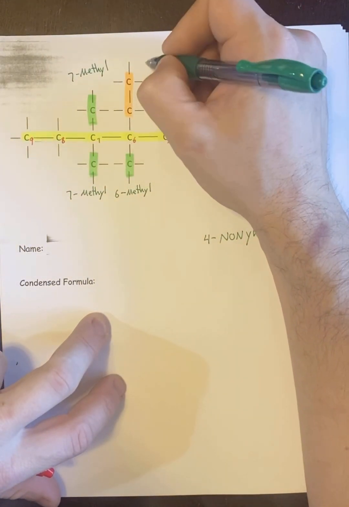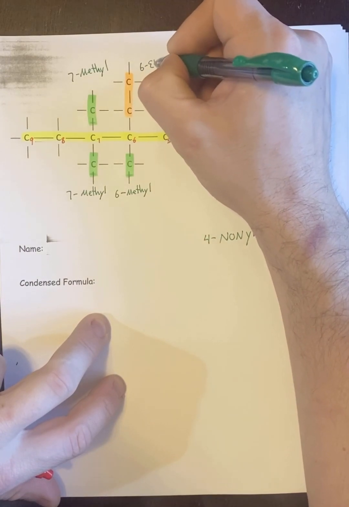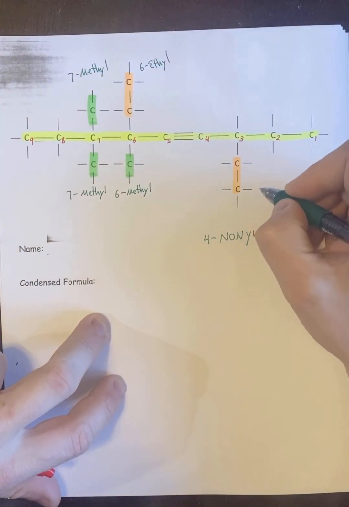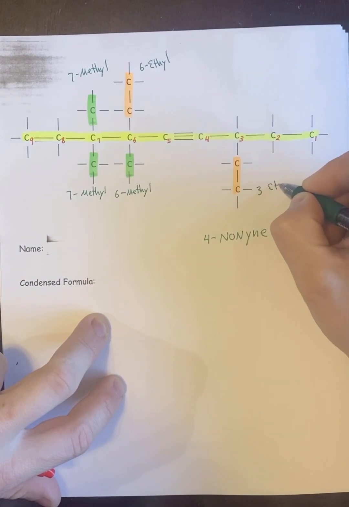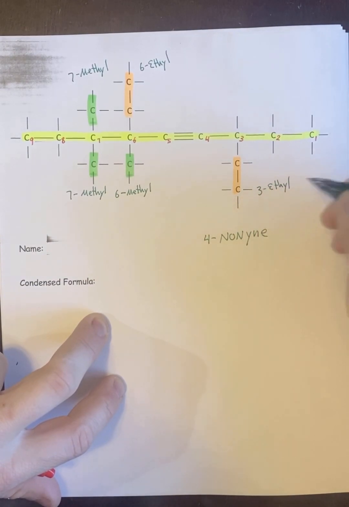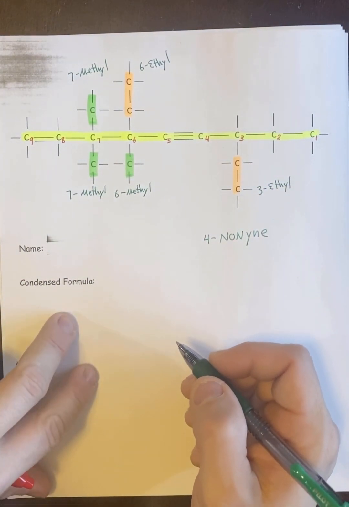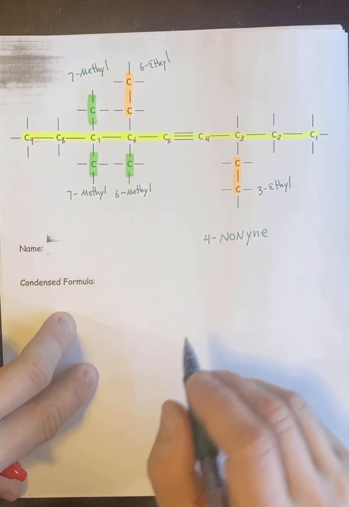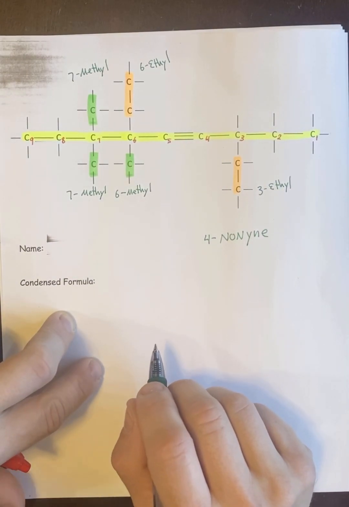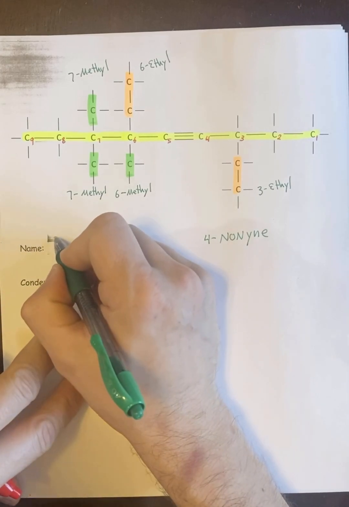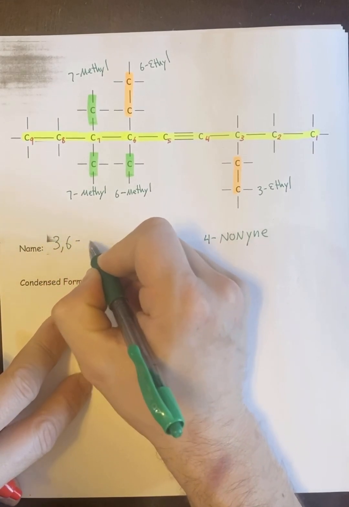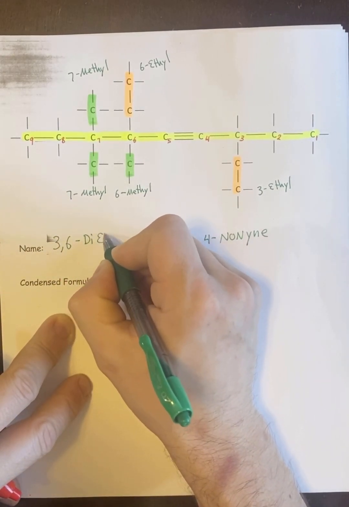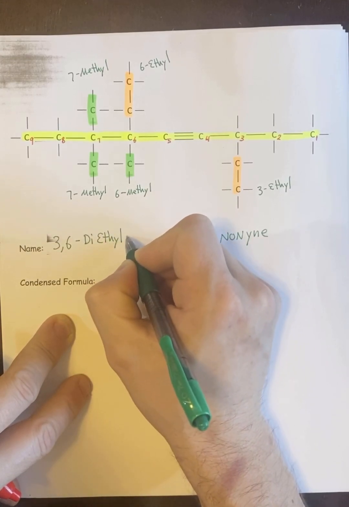This one would be 6 ethyl, and this one would be 3 ethyl. So now let's combine it. Let's do the ethyls first because alphabetically E comes before M. So the ethyls are going to be 3,6-diethyl.